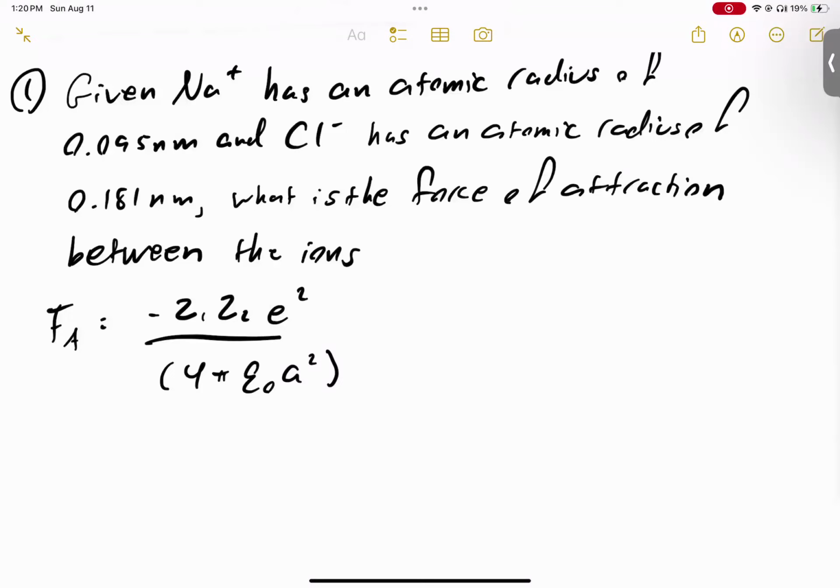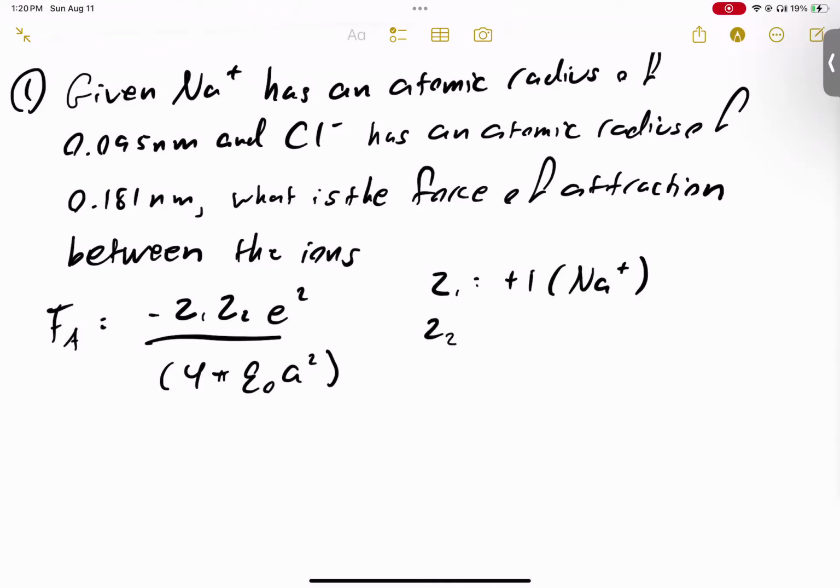Anyways, let's figure out some of our variables. The actual equation we're dealing with is the one I wrote over there, so let's define the variables so that we're not completely lost. Z1 and Z2 refer to the actual charges. Z1 in this case is +1 because of the sodium ion.